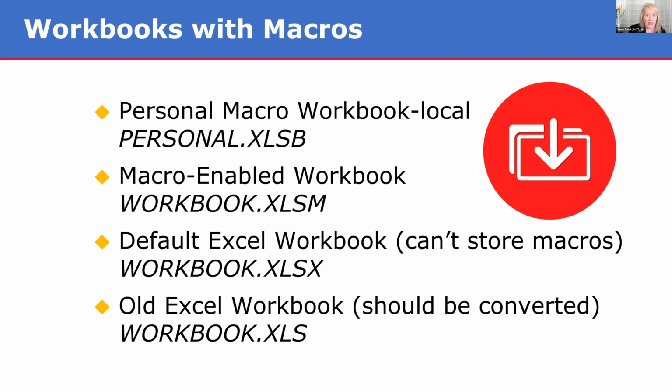So you actually have to enable the content or allow these macros to be available to you. Our default workbook is the .xlsx extension, and that cannot store macros. That's a good thing to know in terms of how you plan out or work with these.